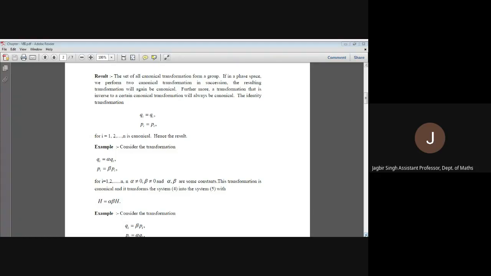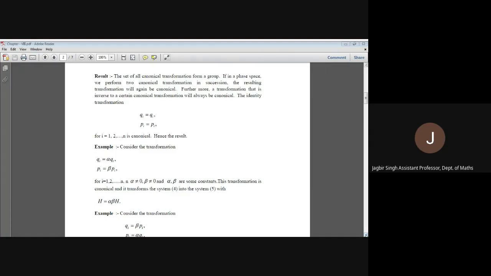So in the first row, the first entry is alpha and the rest are 0. After that, in the second row, the first term will be the partial derivative of p1 tilde with respect to q1, that will be 0. The second term will be the partial derivative of p1 tilde with respect to p1, that will be beta, and the rest of the terms will be 0.